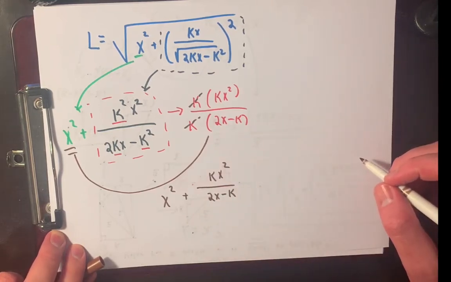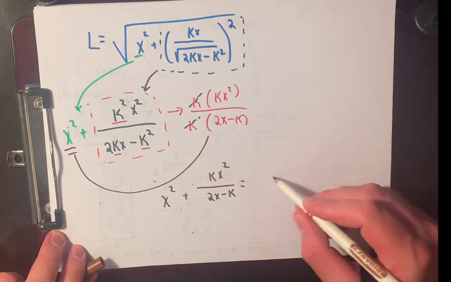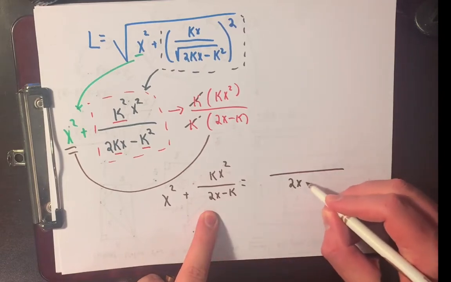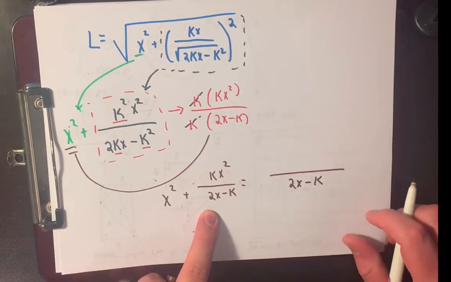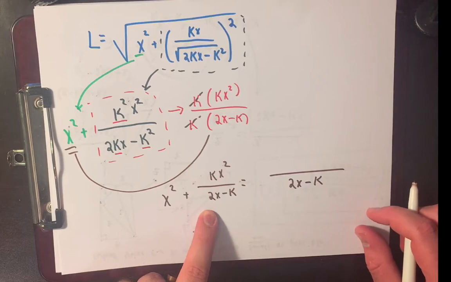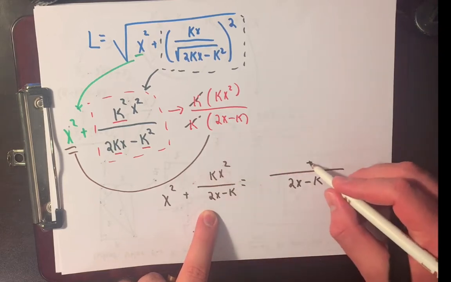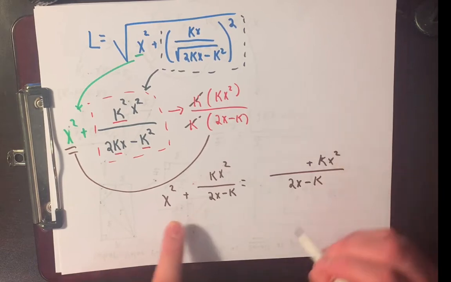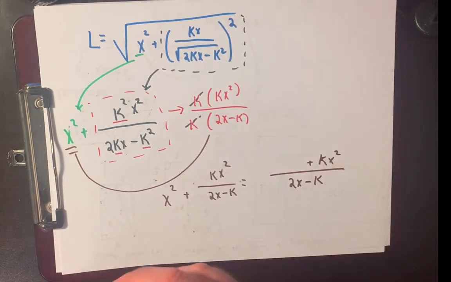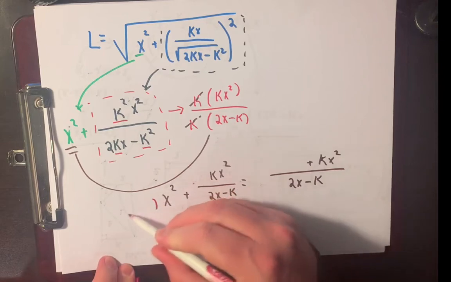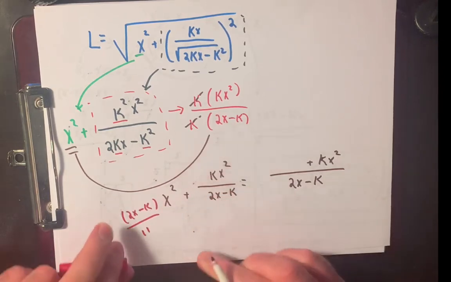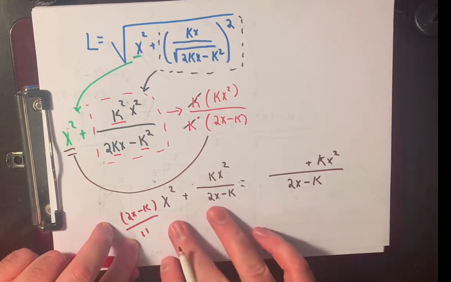What's our next step? Well, our next step is to set them equal to the same common denominator. In this case, that's going to have to be 2x minus k. All right, so we're not going to do any extensive changes to the right-hand side here. This is still just going to be kx squared. But this x squared here is going to have to be multiplied by 2x minus k on top and on bottom to set that equal to there.